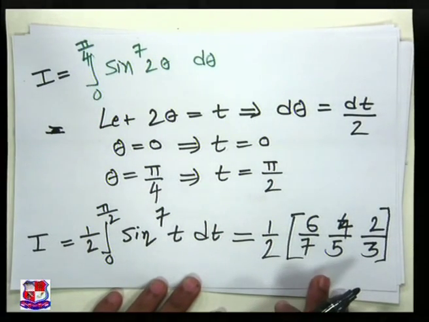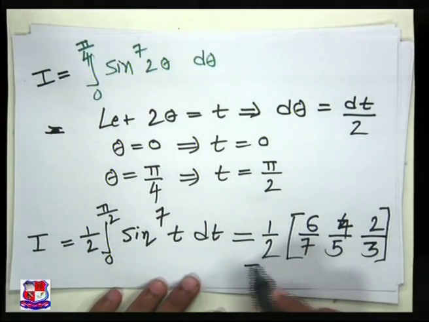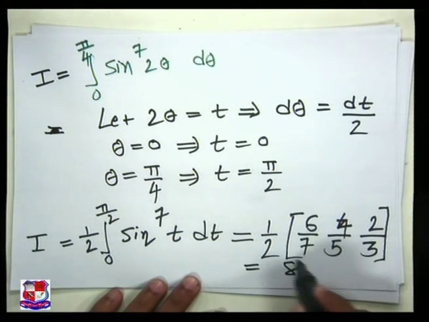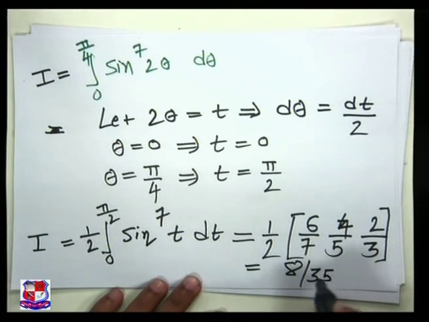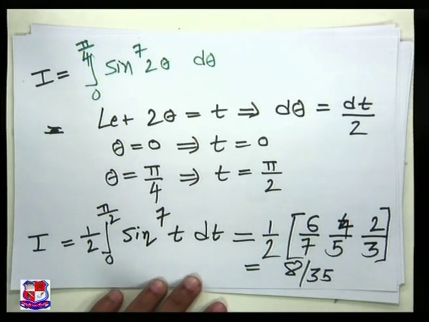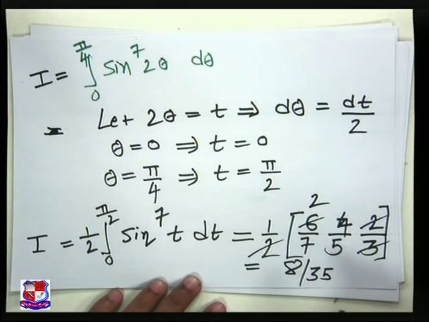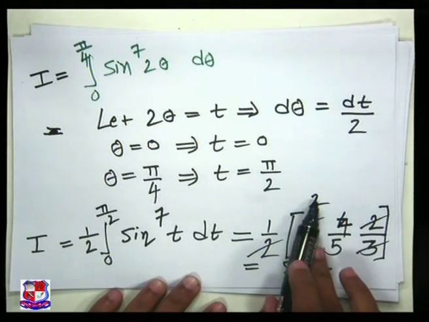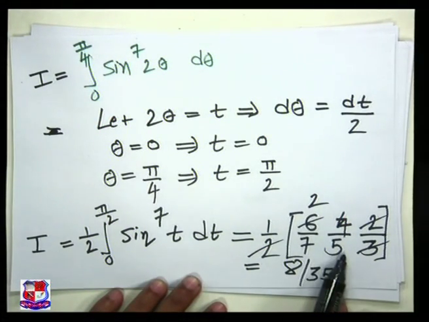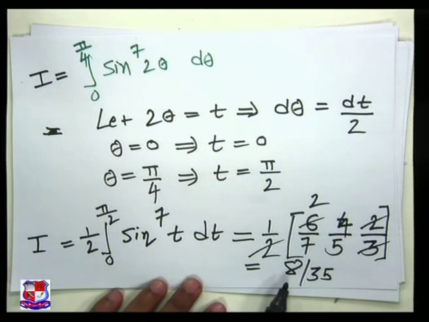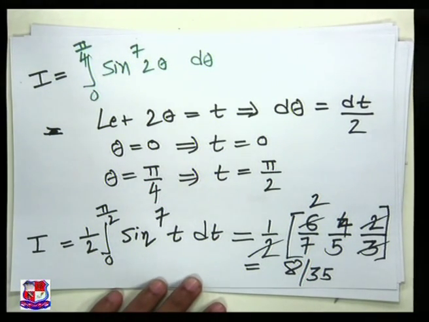So this is our answer, and this is equal to 8 upon 35. The 2 will cancel out, 3 into 2 is 6, 4 into 2 is 8, and 7 into 5 is 35. So the answer of this example is 8 upon 35.